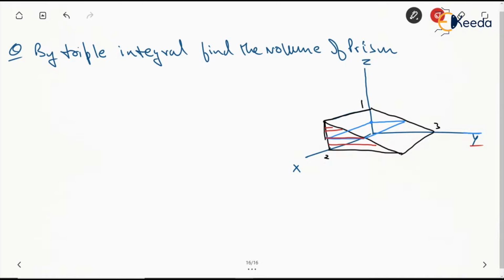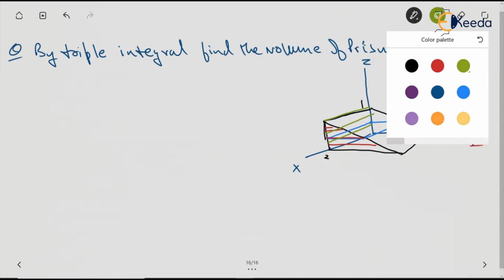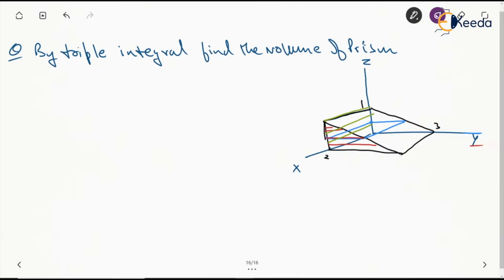Whereas if we are talking about x, for any of the elements, this x is going to be from this to this, this to this, so on. Whereas how about z? Z is going to be different at different points. Like at this point it is only this much, whereas at this point it is this much, here it is this much, here it is small, right?